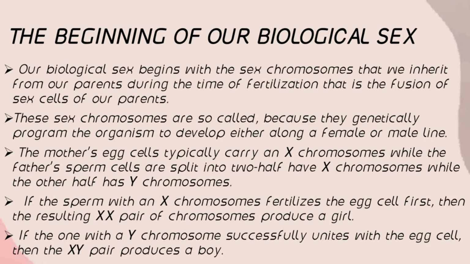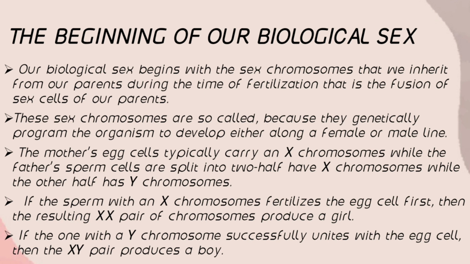The beginning of our biological sex. Our biological sex begins with the sex chromosomes that we inherit from our parents during the time of fertilization, that is the fusion of the sex cells of our parents. These sex chromosomes are so called because they genetically program the organism to develop along either a female or male line.